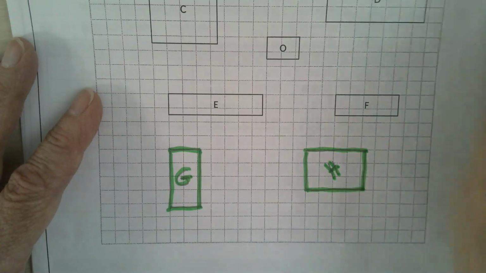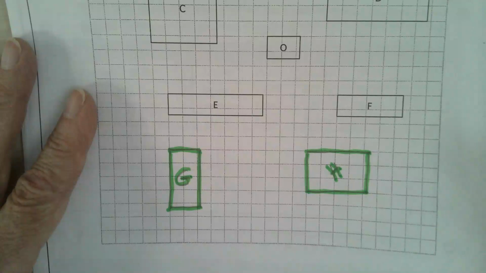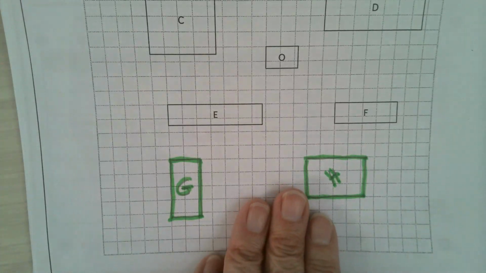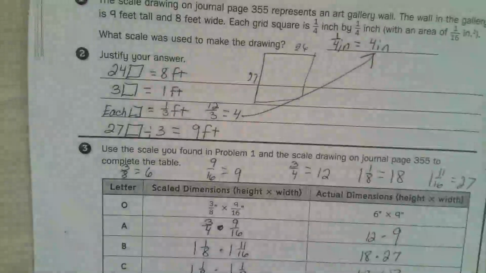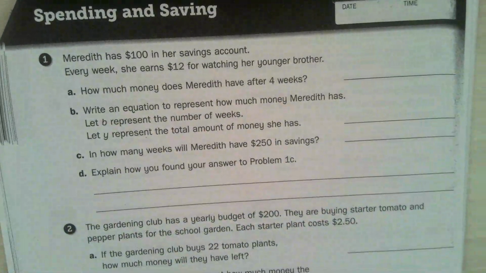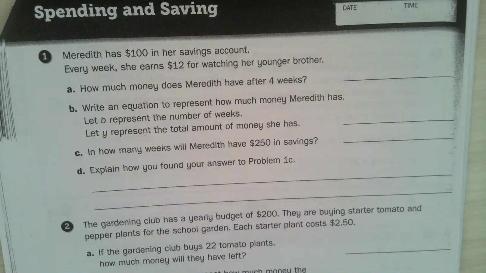All right, now we're going to go to the next page. On the next page, I want you to go through and read these. Try to come up with an equation, and then I will help you with these in just a little bit.